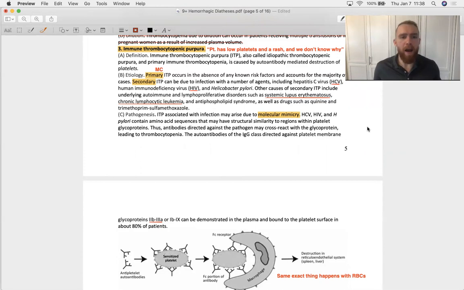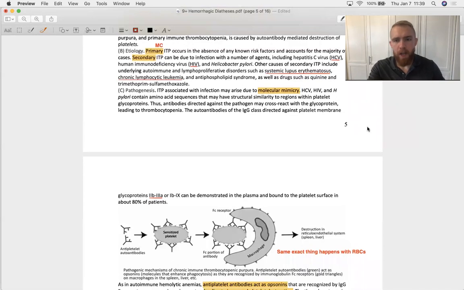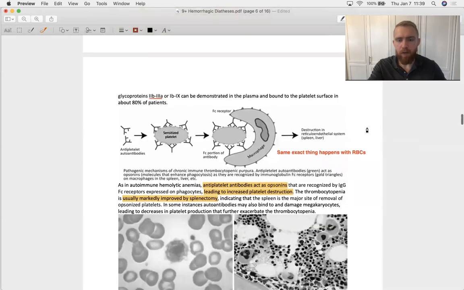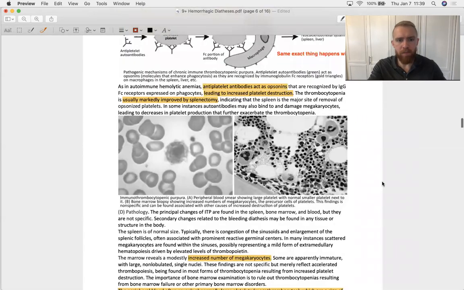So this can be primary or secondary, and primary is really the most common. Secondary would mean you know why it's happening, and it's because of, again, typically molecular mimicry, post-infectious, or following the start of a new drug. Drugs such as quinine, that's an anti-malarial, and TMP-SMX, sulfa drug, those can get the ball rolling on this antiplatelet reaction.